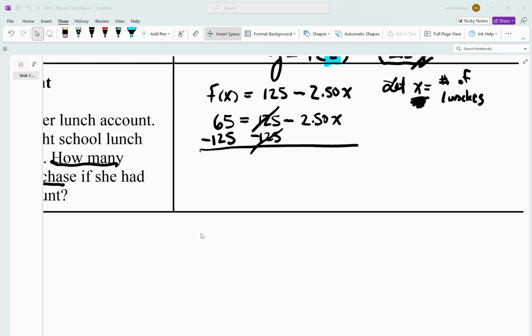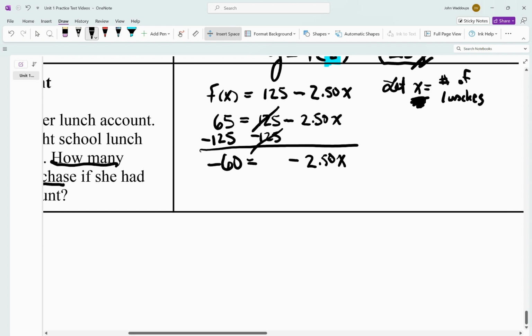So I take 65 minus 125, and that gives me negative 60. And so negative 60 is equal to negative $2.50 times x.